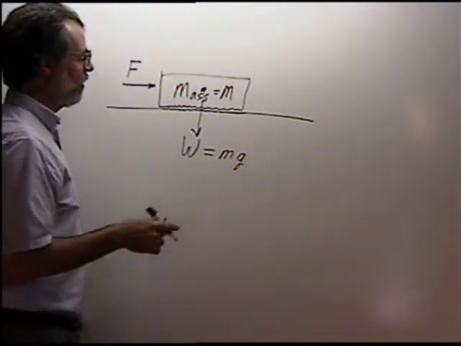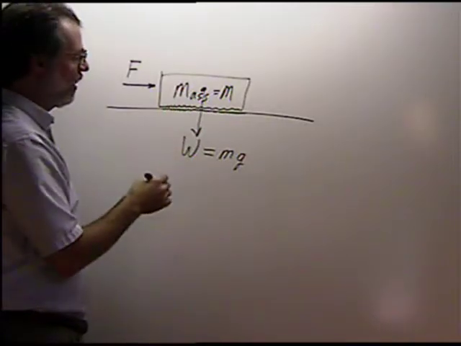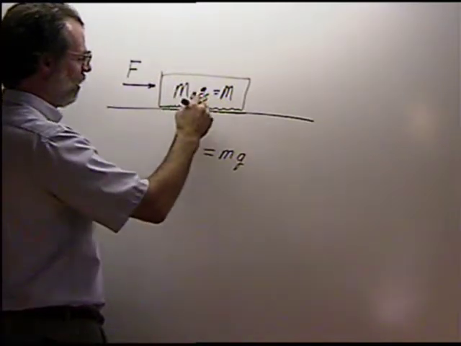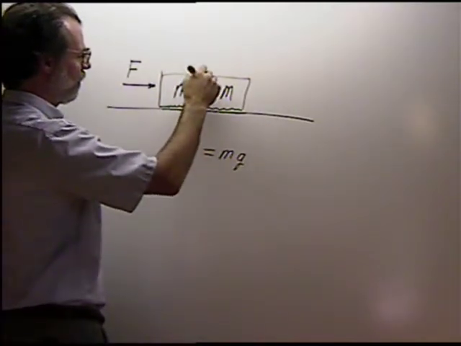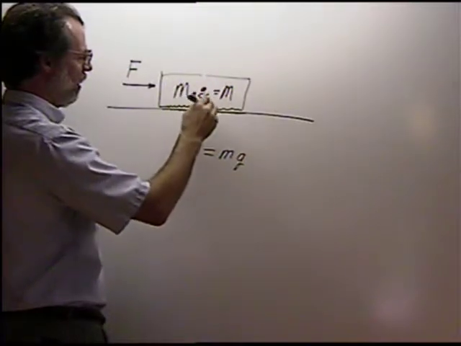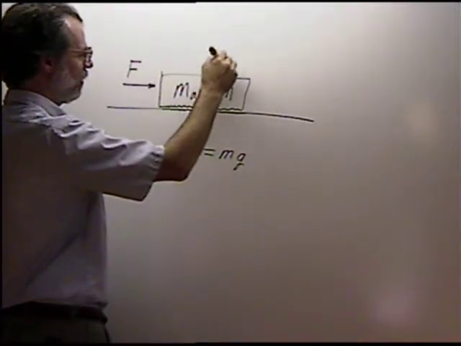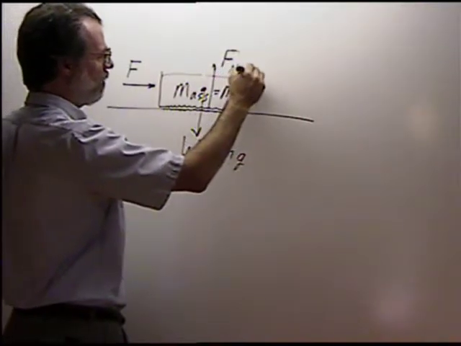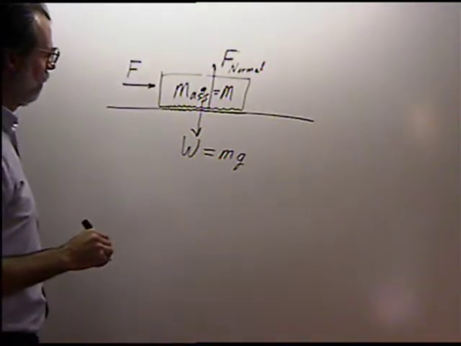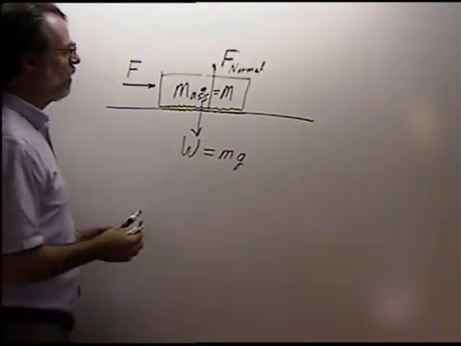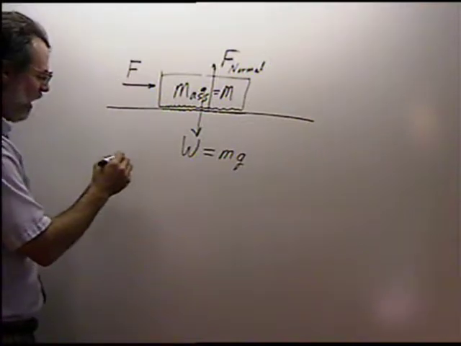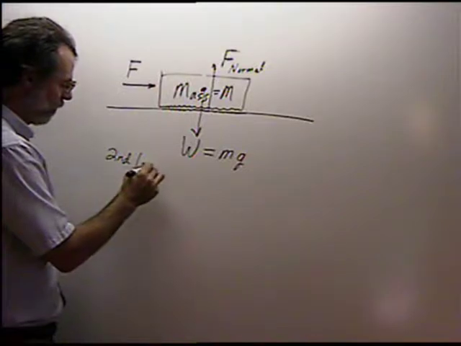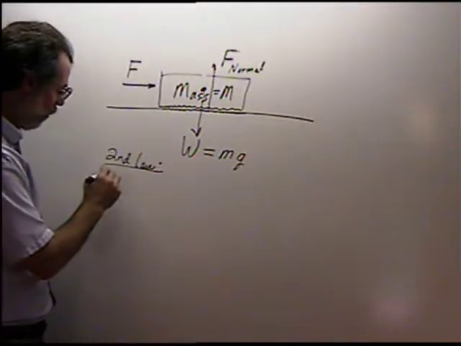So what physicists have defined is what we call a normal force. If the weight acts down, the normal force is the force of the surface acting up on the mass. Now, we're going to look at Newton's second law in the y direction.